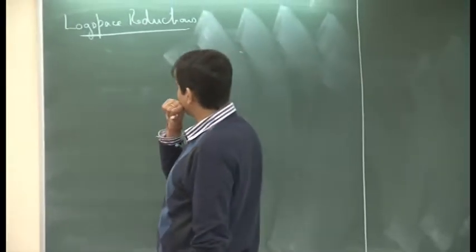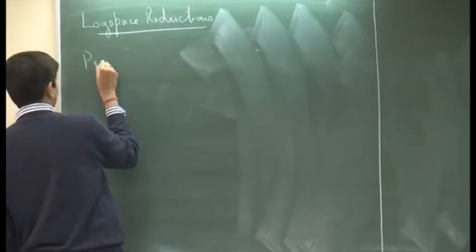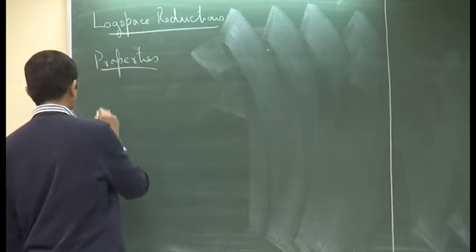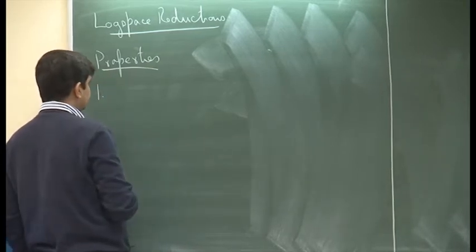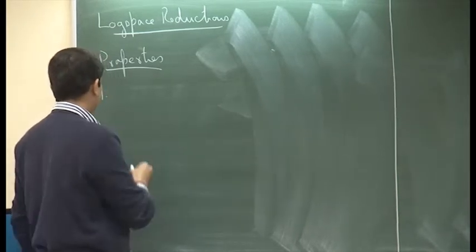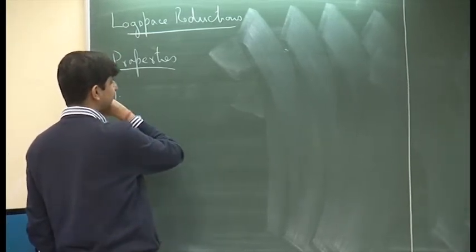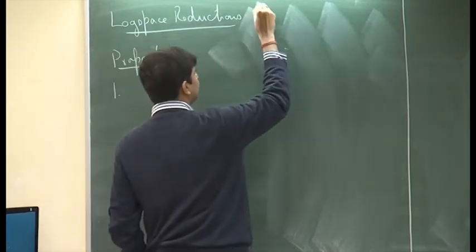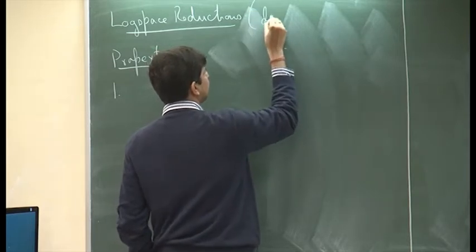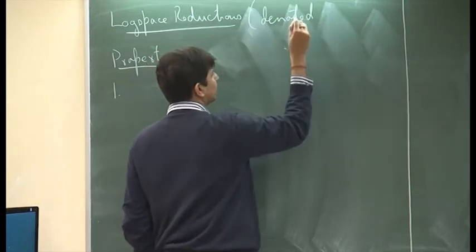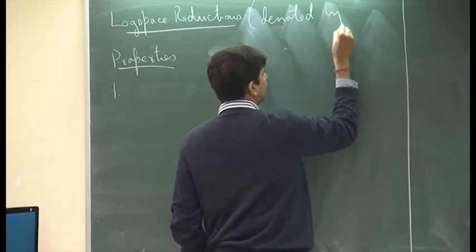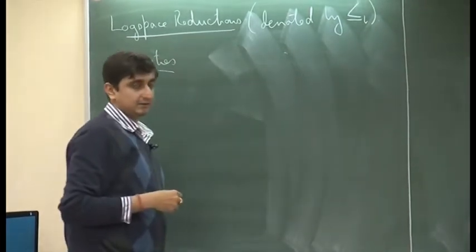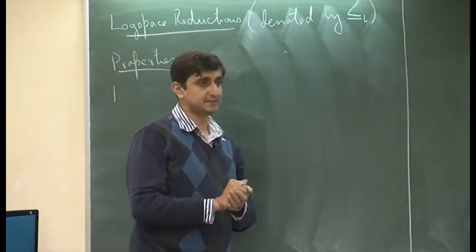So, let us look at some properties of log space reduction, and these are not very difficult to prove. The first property is a closure property. These reductions are closed under transitivity. The notation is as follows: we have L as the subscript to denote it is a log space reduction.